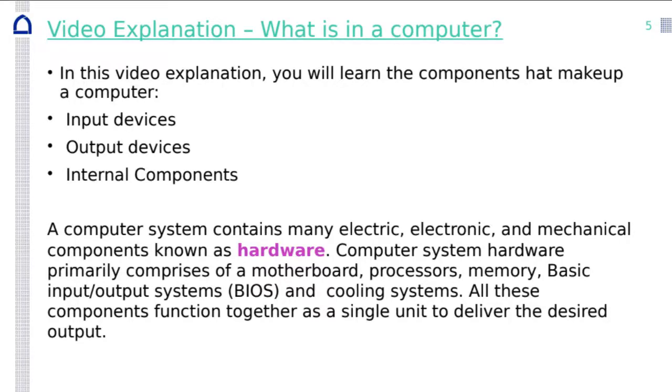The hardware consists of the motherboard, processors, memory, input-output systems, which we call the basic input-output system or BIOS, and cooling systems. All these components function together to deliver the desired output. Okay. How? They are communicating with each other. We will know later on because they have an operating system.